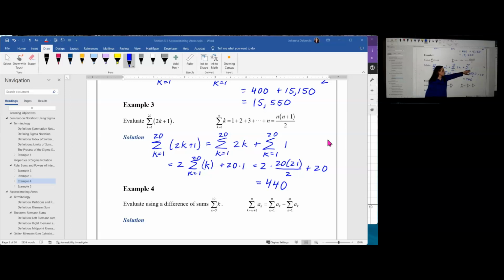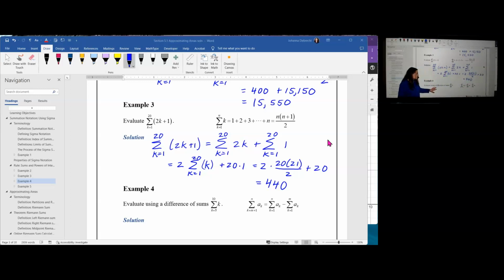We know that when the sum end is a constant and we start with a lower limit of summation of 1, we can multiply the upper limit of summation by the constant, which gives us 20 times 1, or 20. We use the formula for the sum of the index in order to compute the first summation. And when we're done, we get 440.